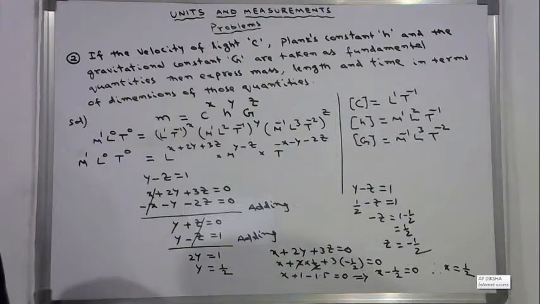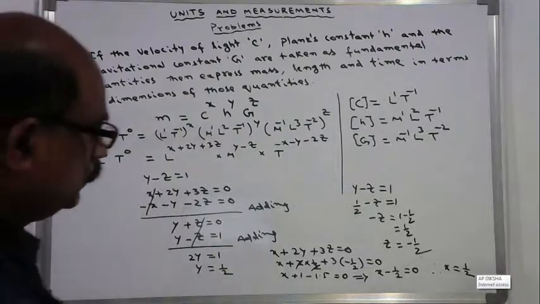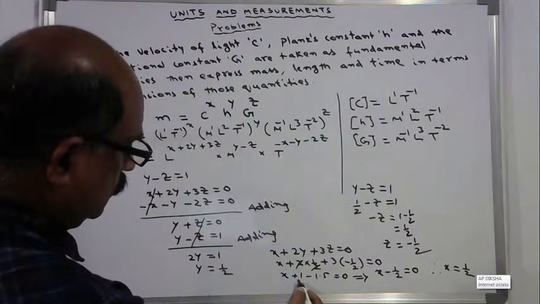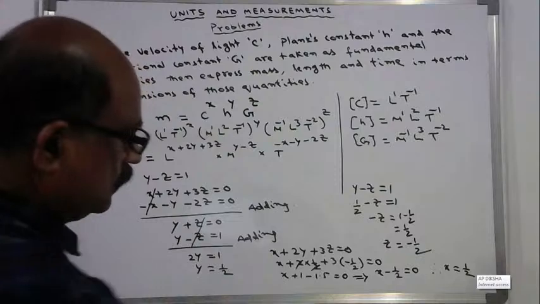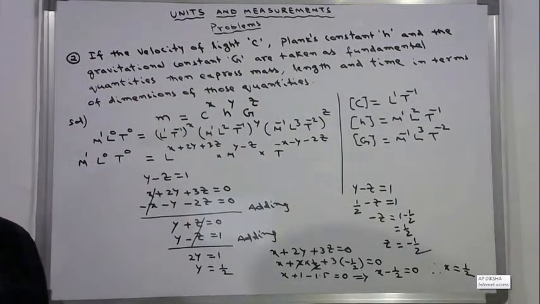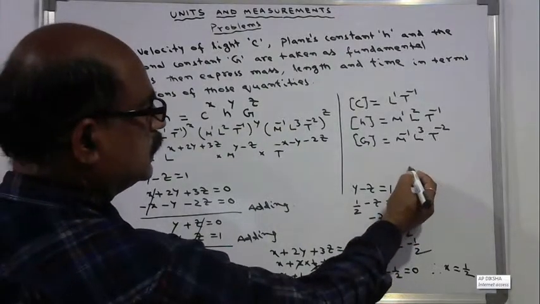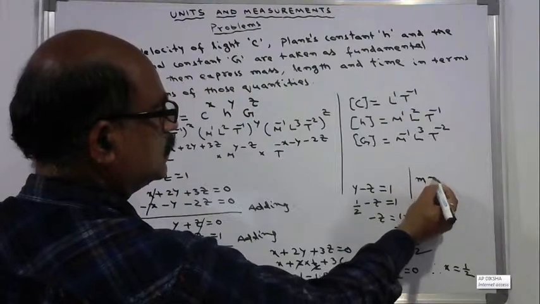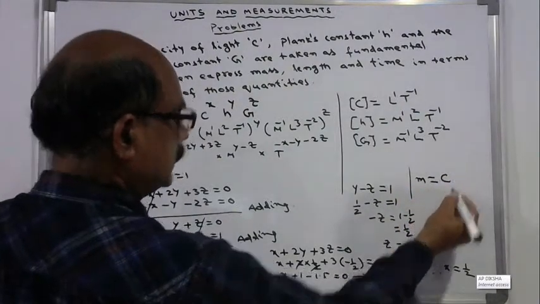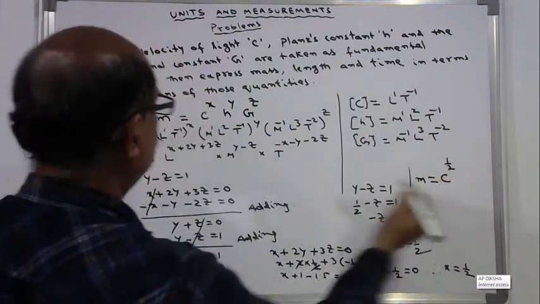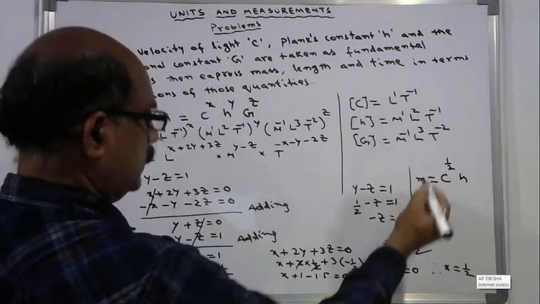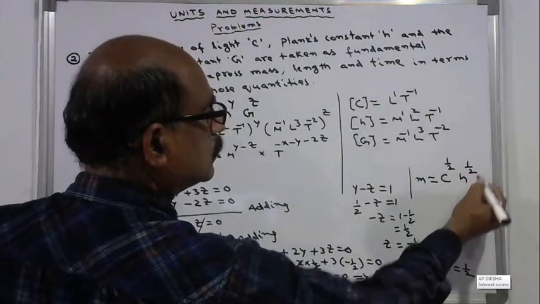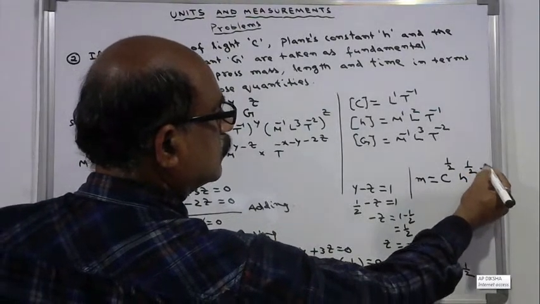So x equal to half, and y is equal to half, and z equal to minus half. Now we can write down the relation that mass is equal to c power x, x is half, h power y, y is also half, and g power minus half.